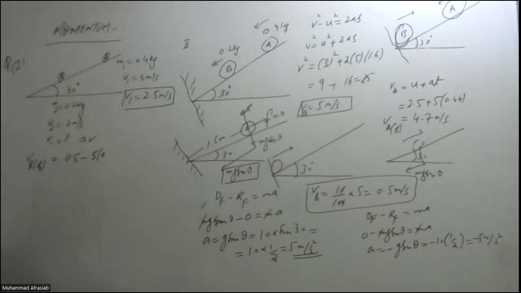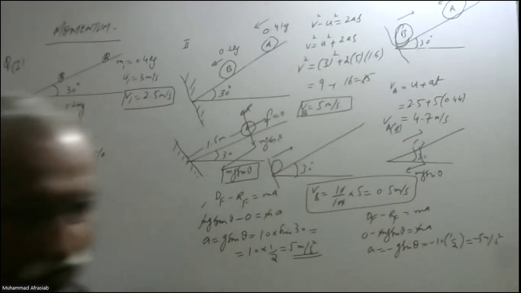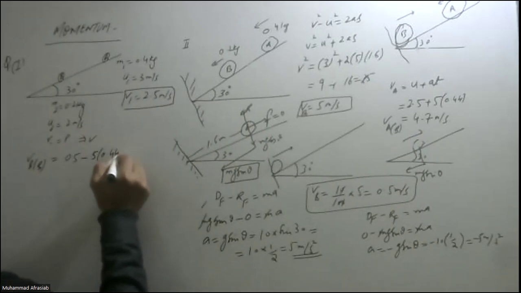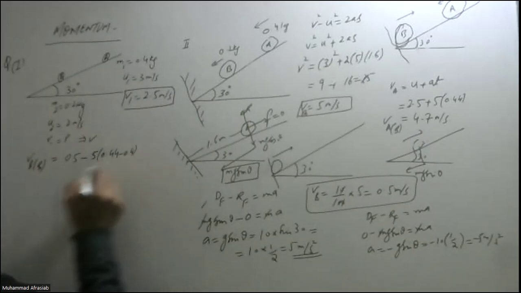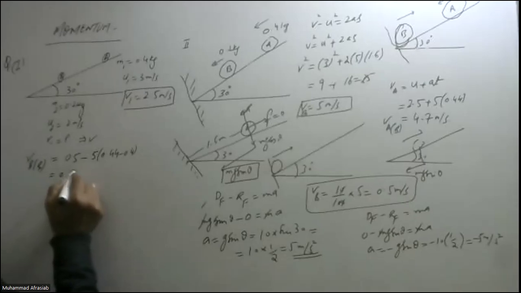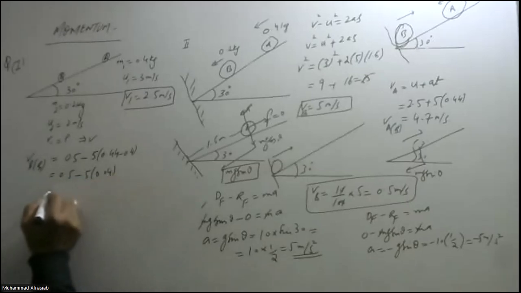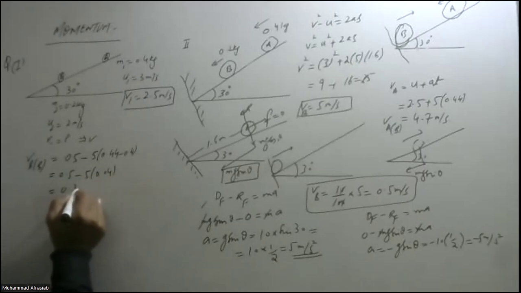The total time between these two is 0.44 seconds, and the time when they were in contact with each other is 0.4 seconds. So the time will be 0.44 minus 0.4, so it is equal to 0.5 minus 5 into 0.04, which equals 0.3 meters per second.